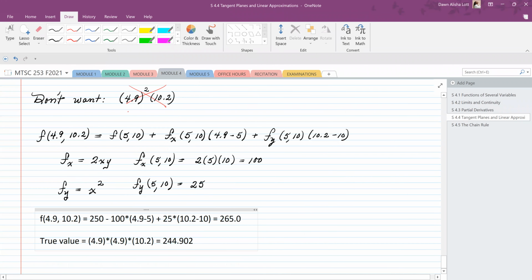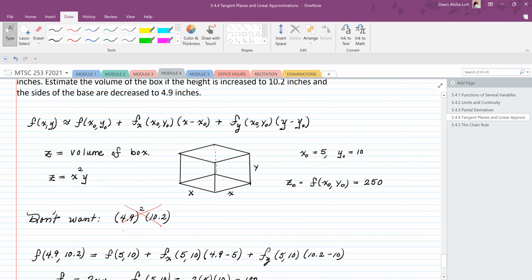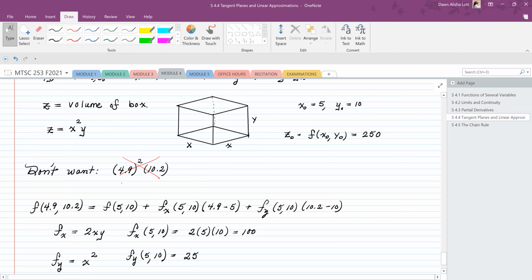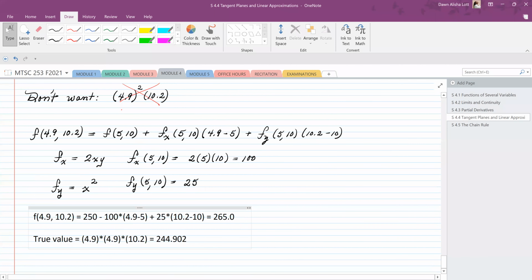I put 250 minus, okay, so F sub X is 2xy. So 2xy is 2 times 5, that is 10 times 10 is 100. That's right. Did I put in 100? Oh, that's what's wrong. This is supposed to be plus.